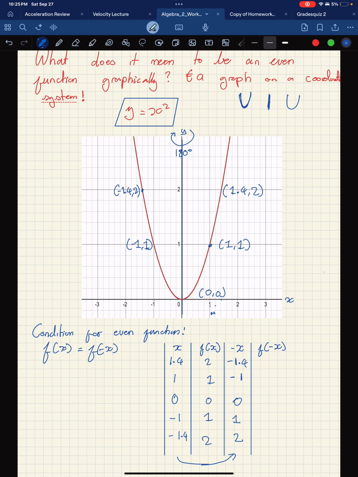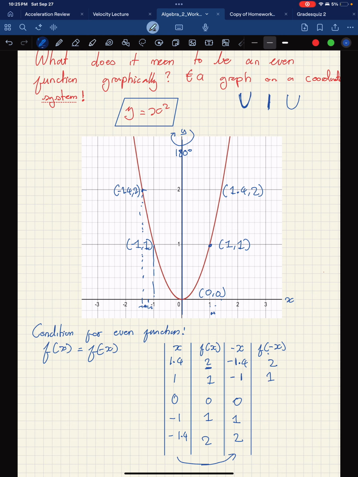So -1, and then we have, this is -1.2. It's going to be -1.4. What does my -1.4 function touch? So if I go up, oh, it touches 2. Wow. That's the same as here. If I go to -1, it touches 1. -1 right here, it touches 1.